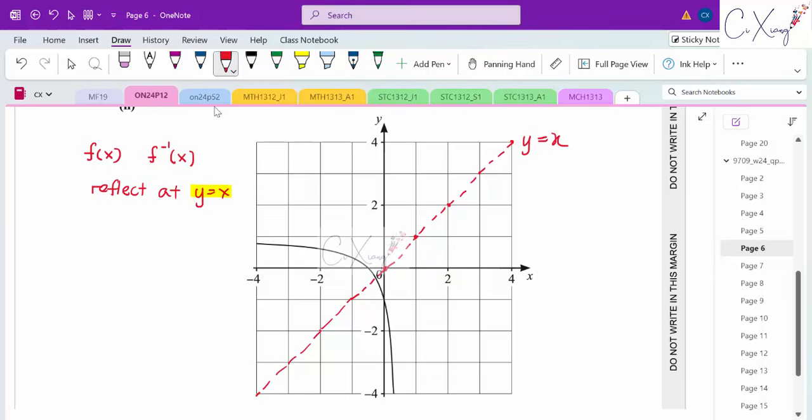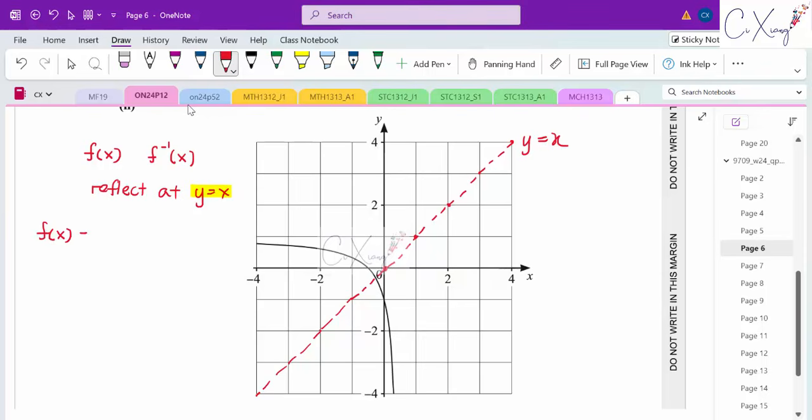Okay, and now if I want to sketch the f inverse, usually what I do is I try to figure out the x and y intercepts. Then it will be more convenient to sketch the f inverse. Right. Okay, so let's have a look at my function f(x).